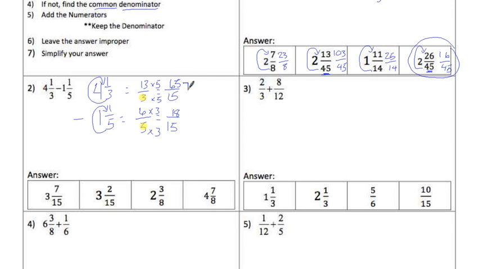Then I'm subtracting the numerators only. 65 minus 18 over 15. 65 minus 18 becomes 47 over 15. It does not simplify any farther. The denominator is 15, so more than likely it's going to be one of those first two. But turn them improper.